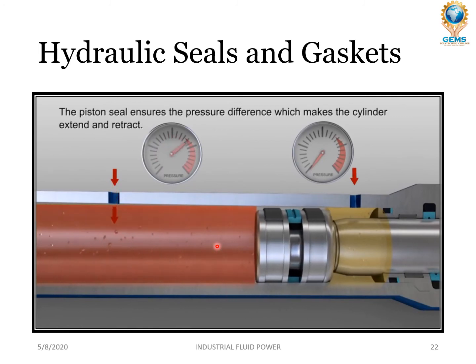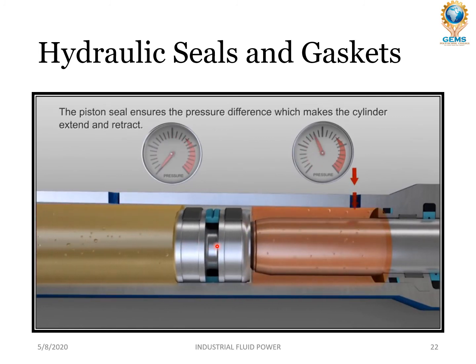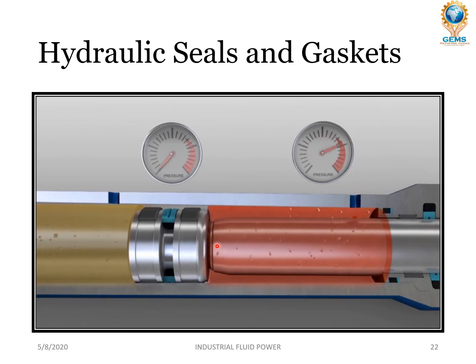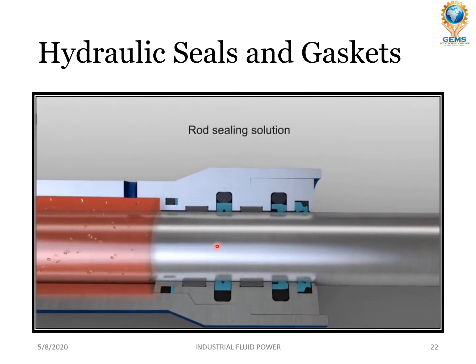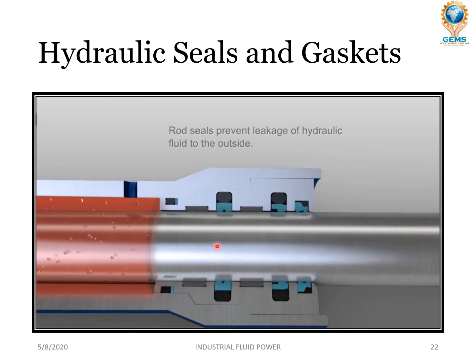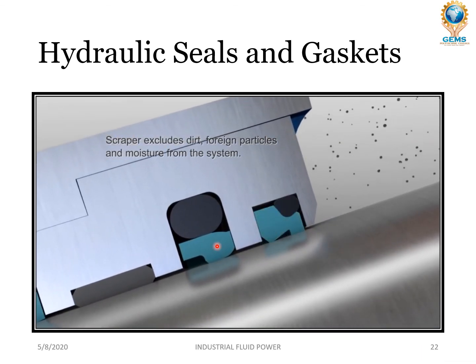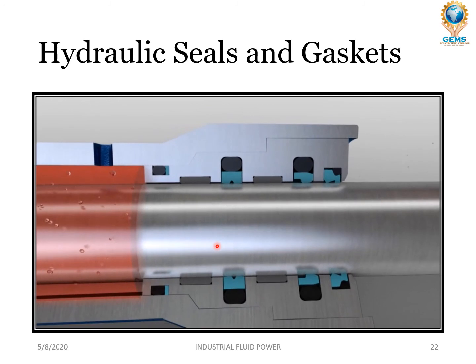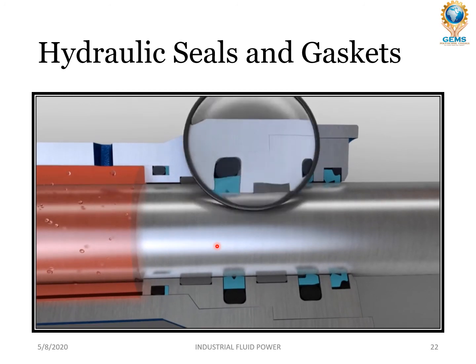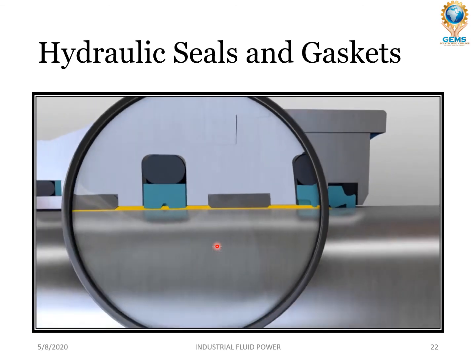It seals the cylinder so that the pressure difference, which makes the cylinder extend and retract, is ensured. The rod sealing solution prevents leakage of hydraulic fluid from the cylinder to the outside. A scraper excludes dirt, foreign particles, and moisture from the system. The rod seal also ensures there is sufficient lubrication for the piston rod.